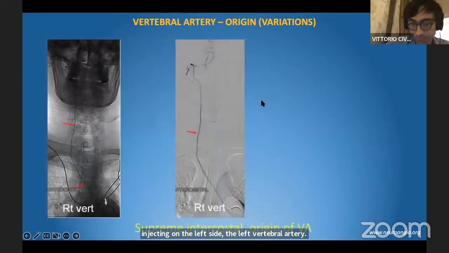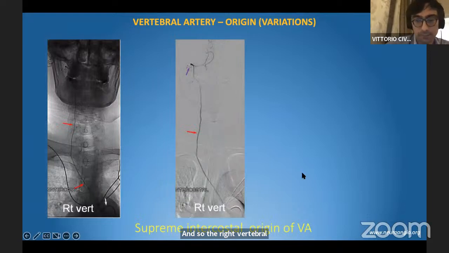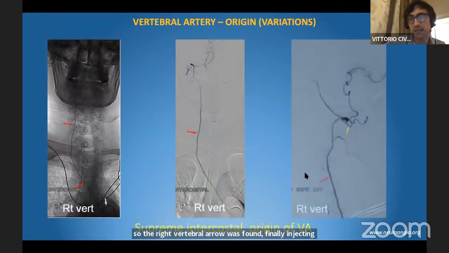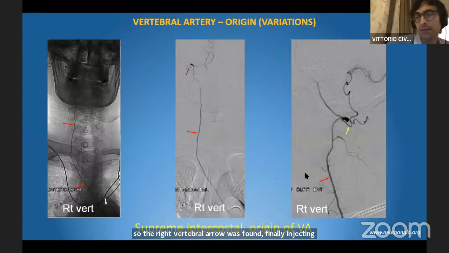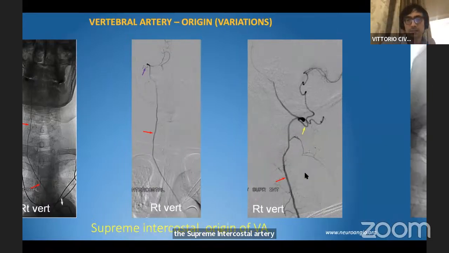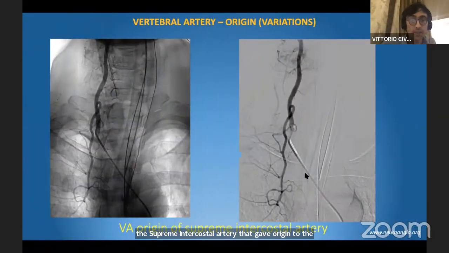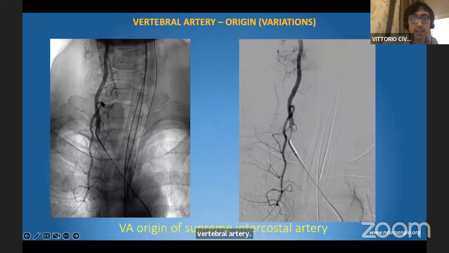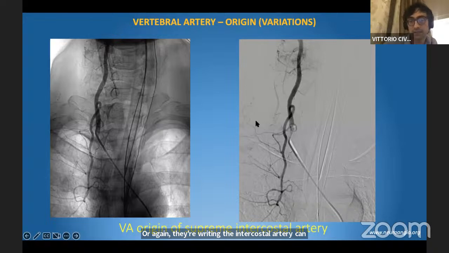And so the right vertebral artery was found, finally injecting the supreme intercostal artery that gave origin to the vertebral artery. Or again, the right intercostal artery can originate from the vertebral artery in an inverse manner.